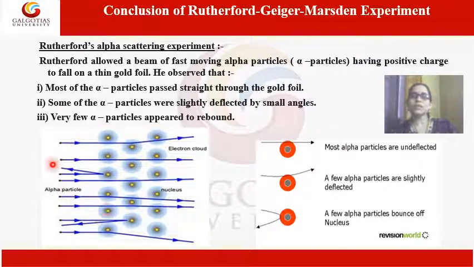That means the atom is positively charged, and when the alpha particle, also positively charged, comes close to these atoms, it is deflected at some angle. But very few alpha particles appear to rebound. That means when an alpha particle comes to this solid positive charge, it will repel back. As we know, same charges repel each other.